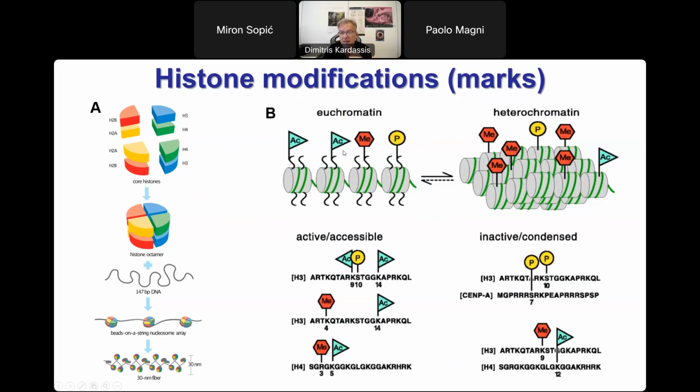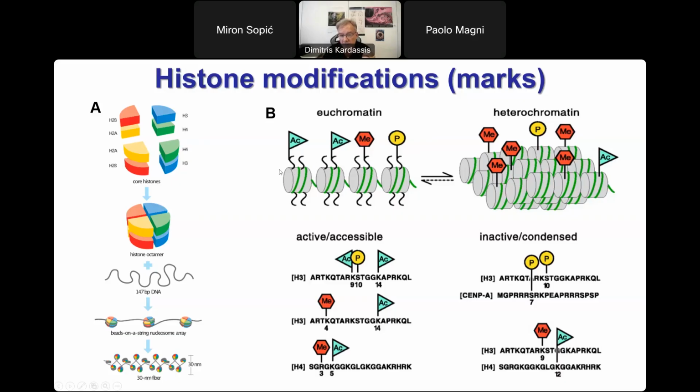And these histone modifications, which are called histone marks, determine whether a specific regulatory region will be transcriptionally active or not. For instance, the acetylation of histones relaxes chromatin so that the transcription factors have access to the regulatory regions which are placed in these DNA regions.